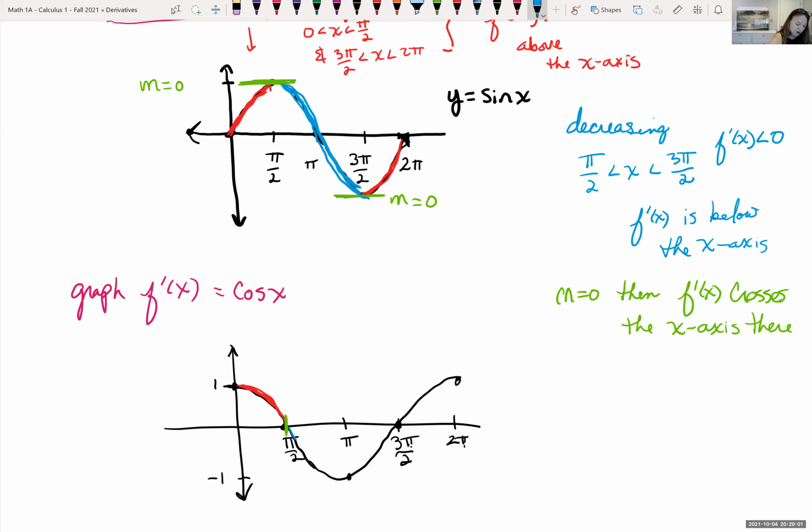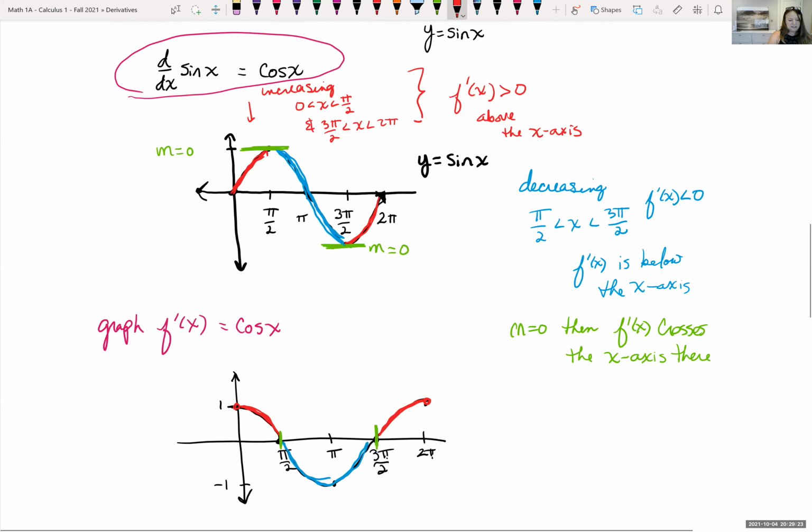And so notice that that whole piece is below the x-axis here. Again, we have slope 0, and that's where it's crossing for our derivative function. And then it's increasing, so it's above the x-axis. And so it just fits.